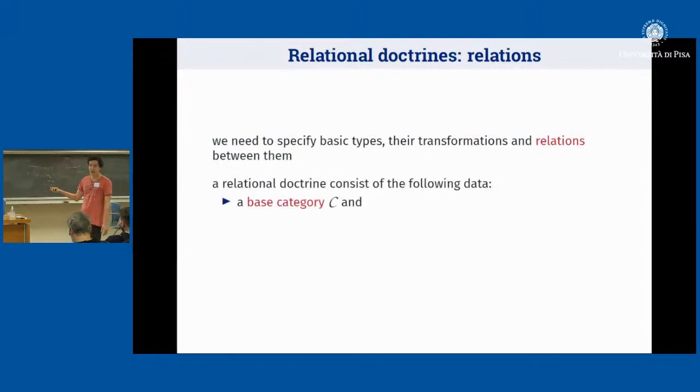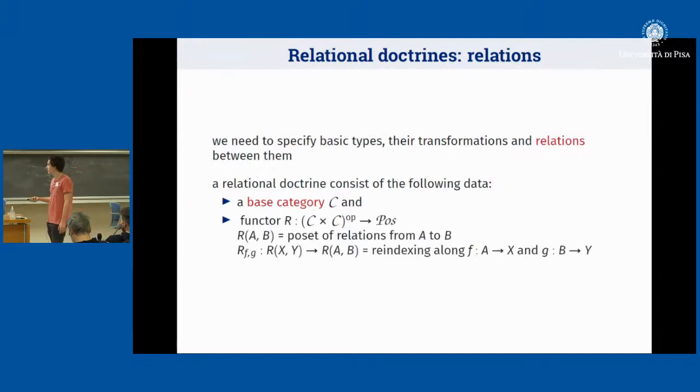We have a base category to model our objects, and a contravariant functor from the product of the category with itself to the category of posets. And this models for each pair of objects the poset of relations ordered by some kind of logical entailment. And the action on pairs of morphisms represents reindexing, so substitution in a sense.